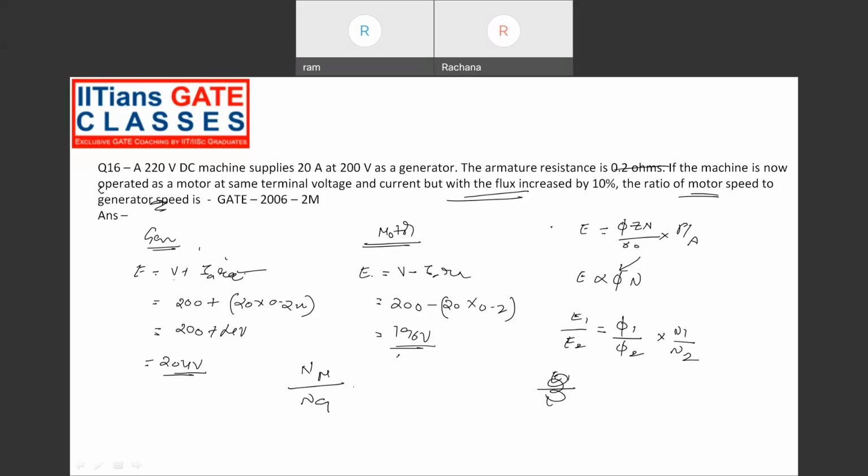That is E motor by E generator into ϕG by ϕM, which is 196 by 204. Flux is increased by 10%.